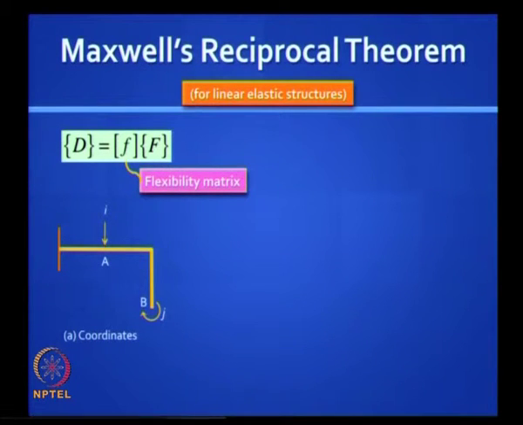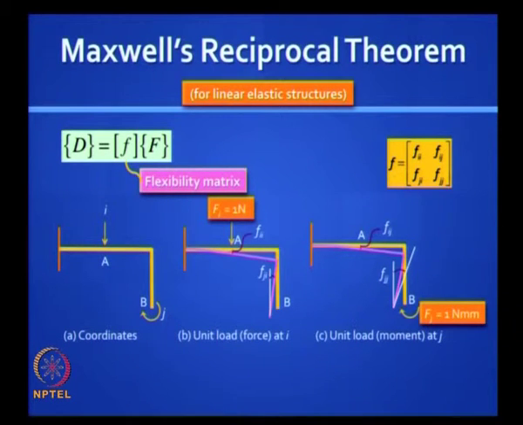The conjugate forces would be a direct action force at I, and Fj would be a moment. Now the flexibility matrix in this case would be a 2 by 2 matrix, and you can write it like that. The 4 flexibility coefficients are Fii, Fij, Fji and Fjj.